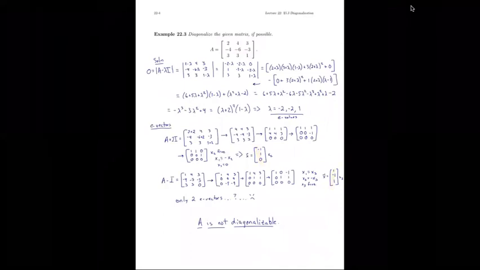This theorem is a nice way of telling us whether or not we can walk away from it and claim it's not diagonalizable. Or as a shortcut, we might not have to diagonalize something if we know facts about the eigenspace of each eigenvalue.